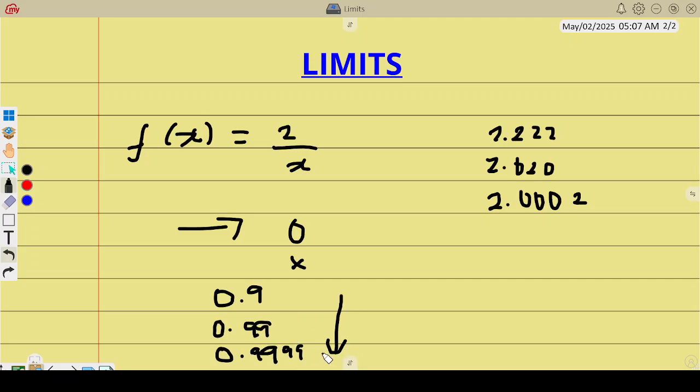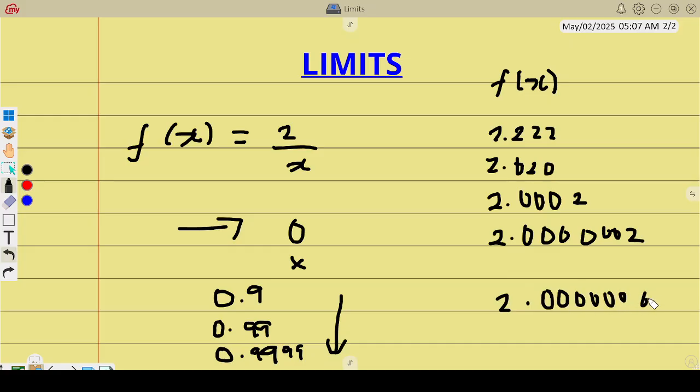The more we increase these numbers, the value of f of x also keeps on increasing. It will be very close to 2. If you add more 9s, again it will be 2.0000002. It is very close to 2, but it is not 2. When we round off, it will just be 2.